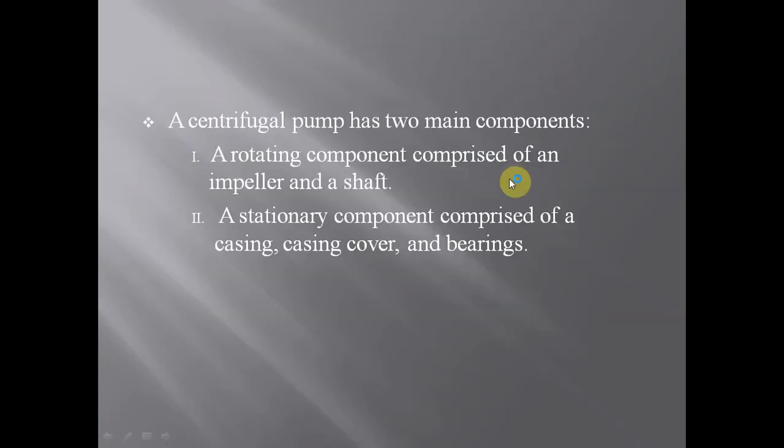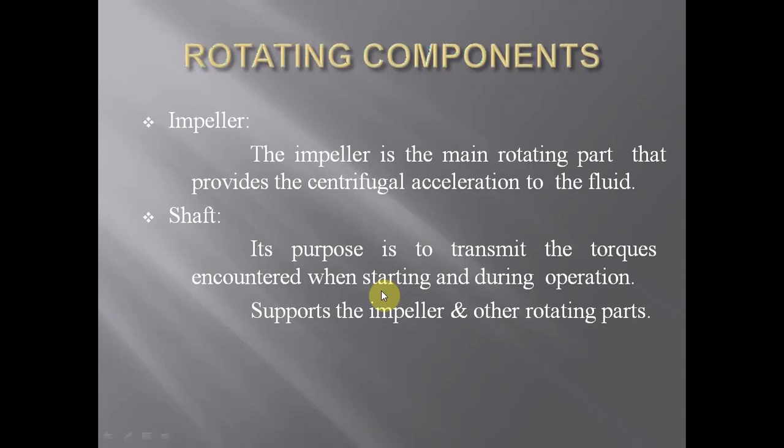Okay, so a centrifugal pump has two main components: a rotating component composed of an impeller and a shaft, and a stationary component composed of a casing, cover and bearing. The rotating components are nothing but the impeller and the shaft. The impeller is the main rotating part that provides the centrifugal acceleration to the fluid.